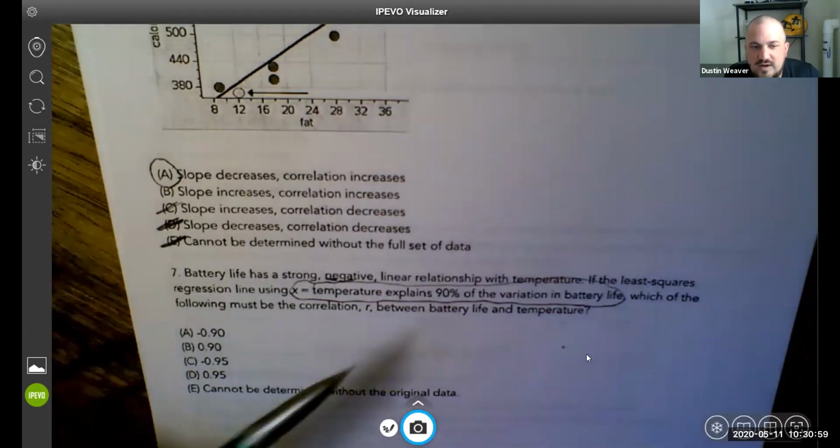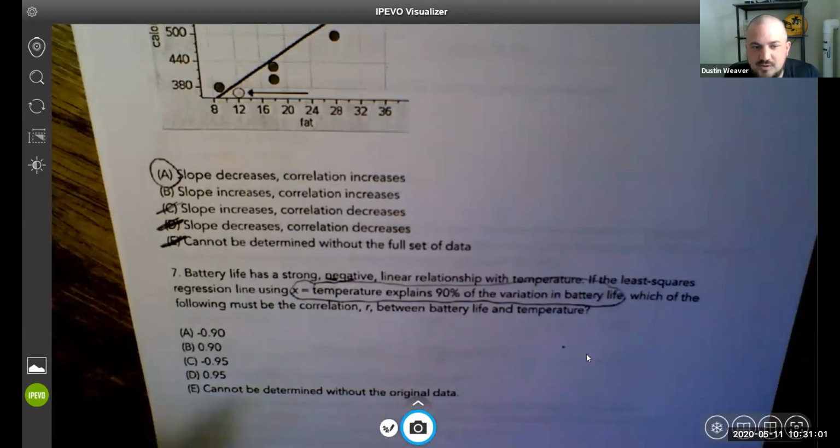Okay, so what is this? Temperature explains 90% of the variation in battery life. Where have you seen that? Anybody know what that is? That's not our R. It's not the correlation, but it is the what? Yep, it's the R squared.